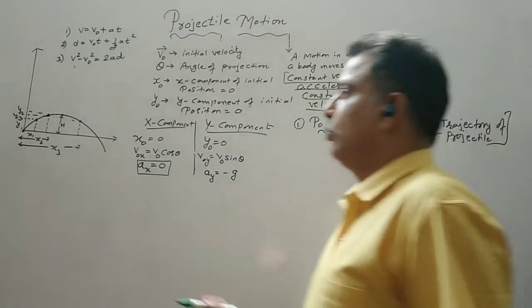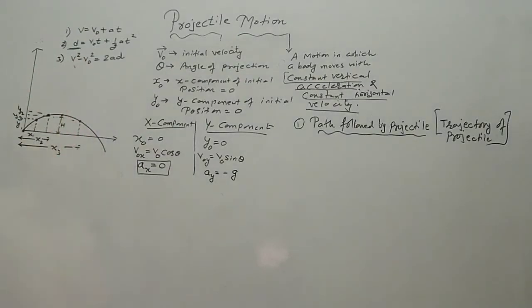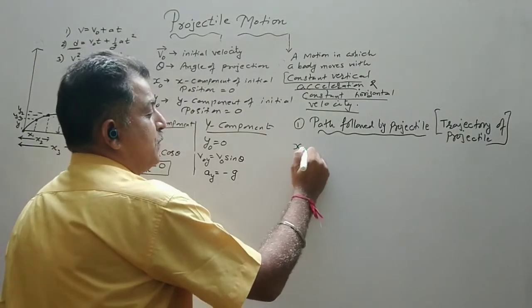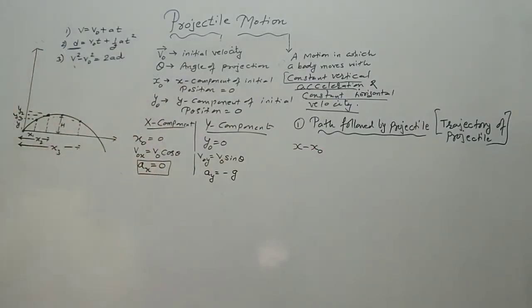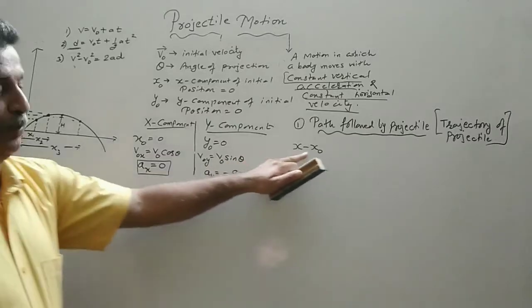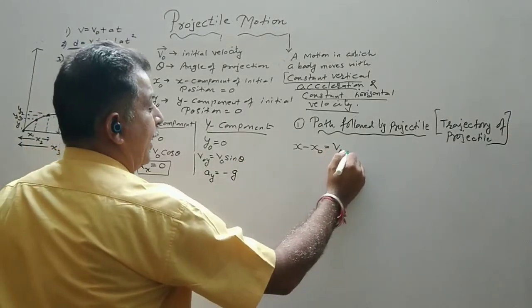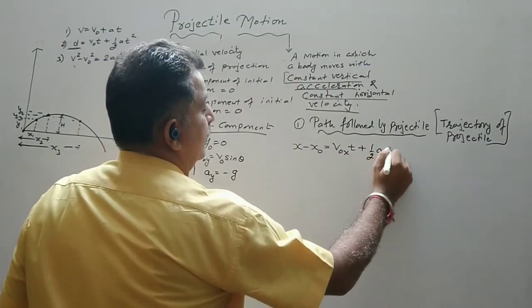Now in this second equation, d is displacement. Displacement is written as the final position minus the initial position. So what will be the final position of an object? In the place of d, I am writing x minus x naught, that is equal to v naught x t plus half ax t square.